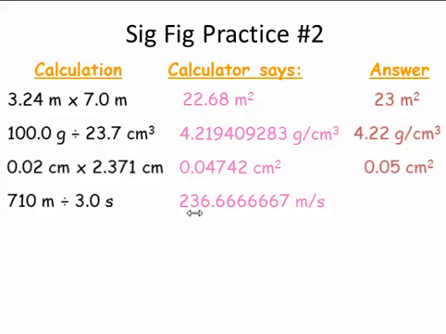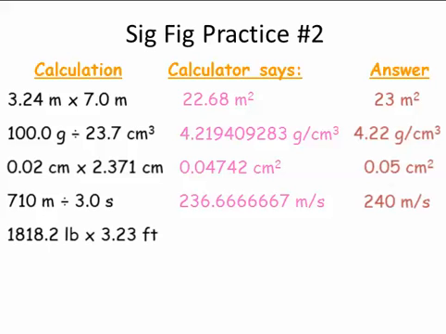This is a 6, so the 3 goes to 4. Now, the 2 is in the hundreds, the 4 is in the tens, so this has to become a 0 to put it in the correct position. So our answer is 240. Make sure you do not round 236 up to 24, right? That doesn't make any sense.